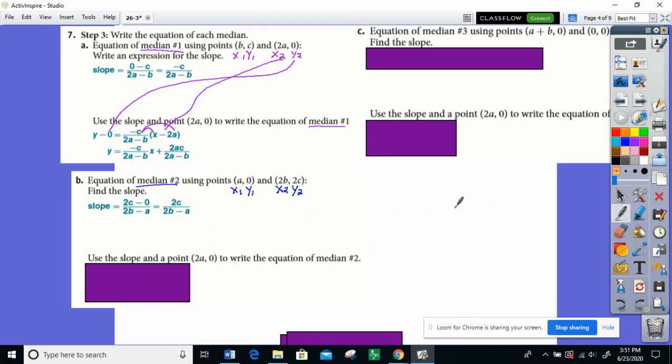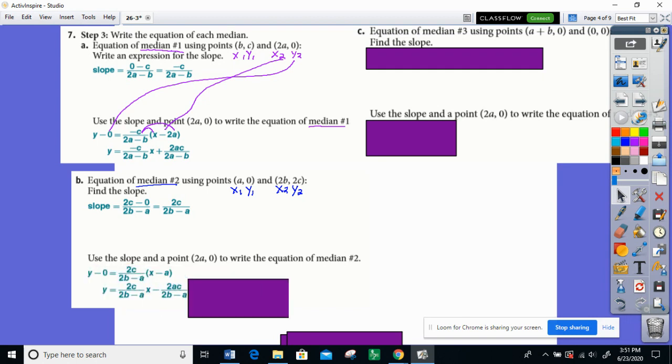So we're using our slope that we got in number 7, part B, and the point 2a comma 0 to write the equation of median number 2. So we've got y minus 0 equals the slope times x minus a.